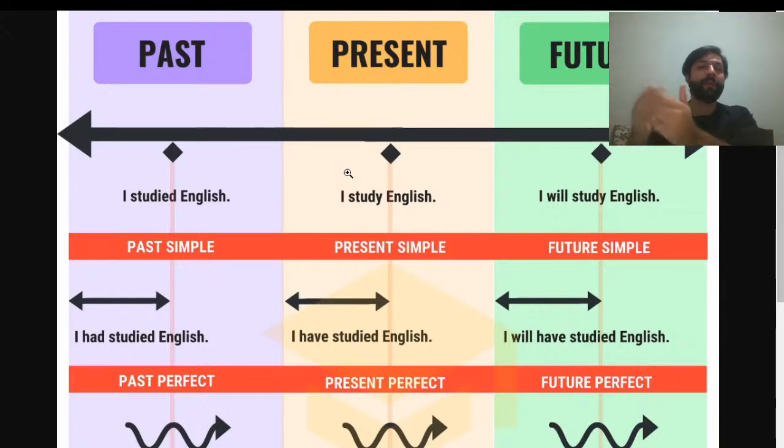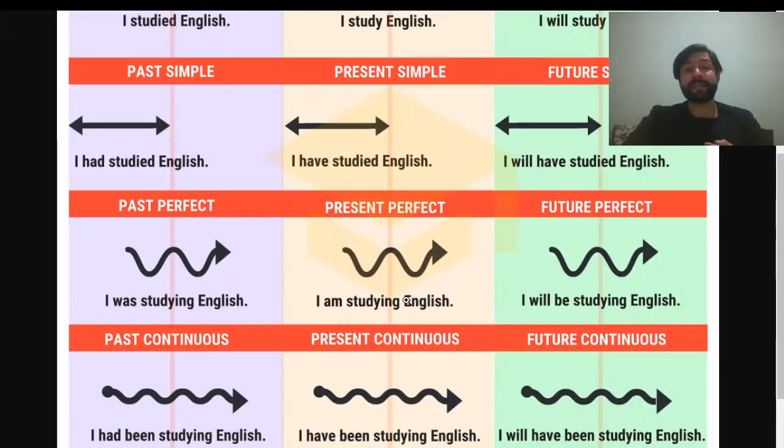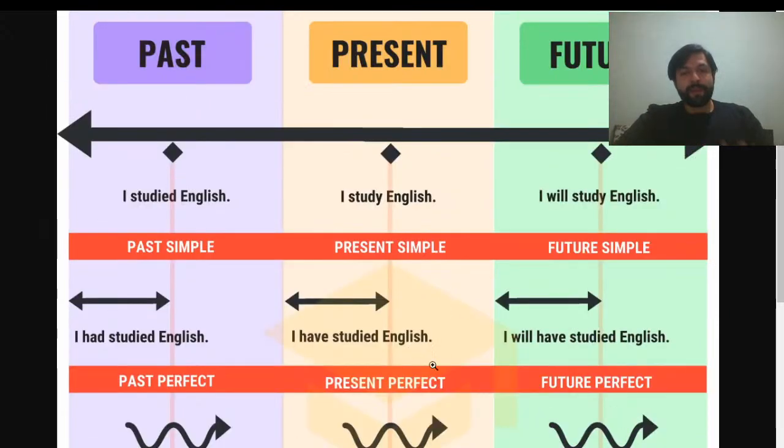Okay? So we don't care about the time. We are talking about the action. We use the continuous because we are trying to stretch the action. Oh, I am studying. I was studying. So we are stretching.